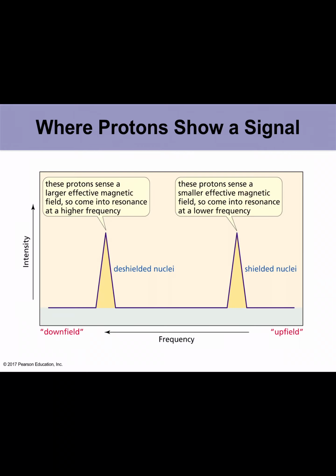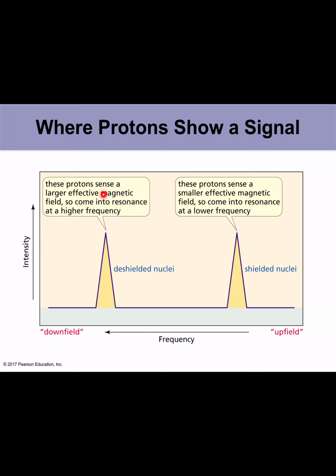So where do protons show a signal? Let's look here. There are two terms that we're going to learn. Remember, this is the zero, and then we have chemical shift in delta. The further to the left, we call it downfield. The closer to the zero, we call it upfield. Now, how do we get downfield?